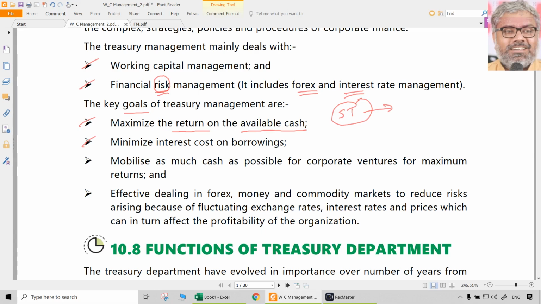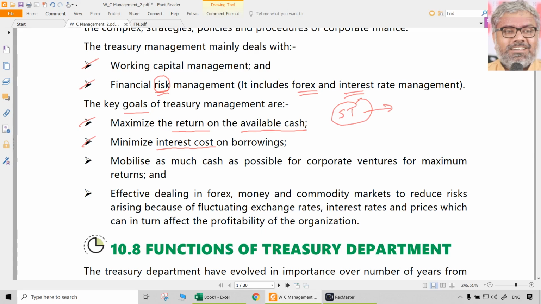Another key goal of treasury management will be to minimize the interest cost on the borrowings, because naturally any organization requires certain funds, both long-term and short-term. Long-term funds are of course handled as part of the overall capital structure, and the associated cost of capital will be assessed at a strategic level.